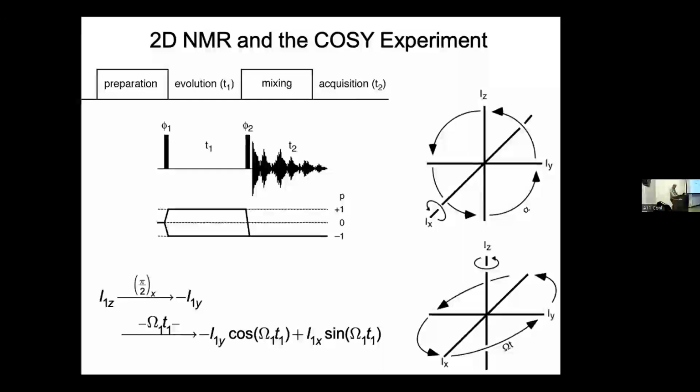And to give you some sense of how much the world has changed, back in the mid-70s or so, Jean Jeener at a conference presented a theoretical analysis of this 2-pulse experiment in a 2D format and never published a paper on it.